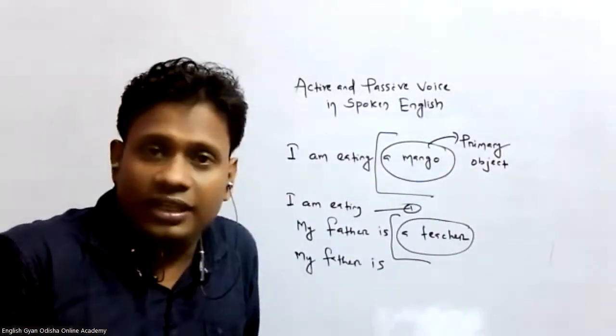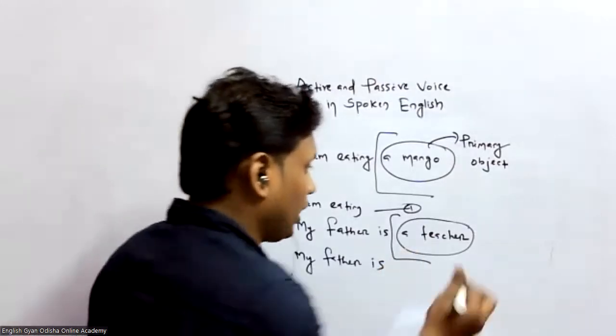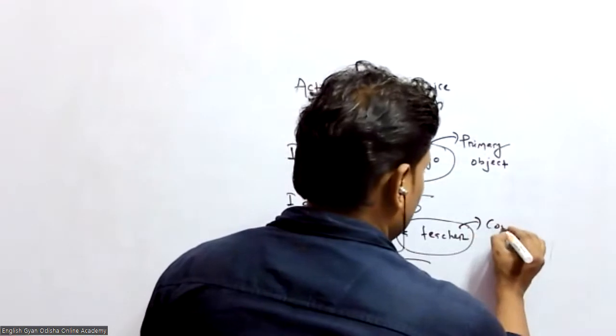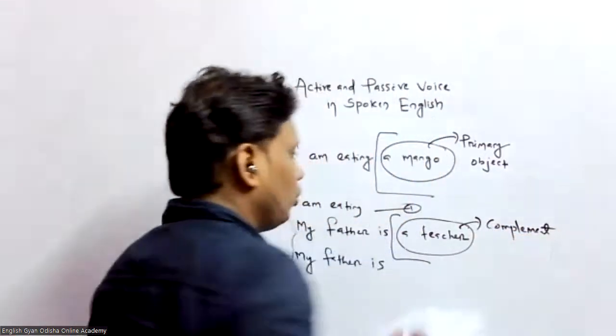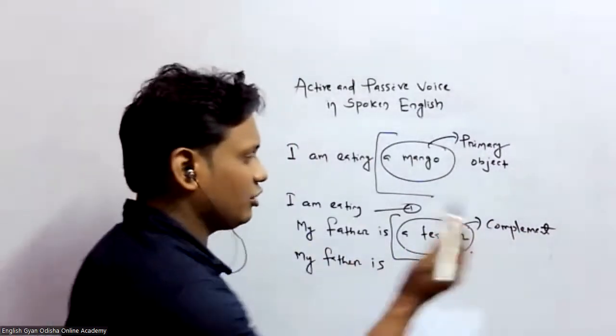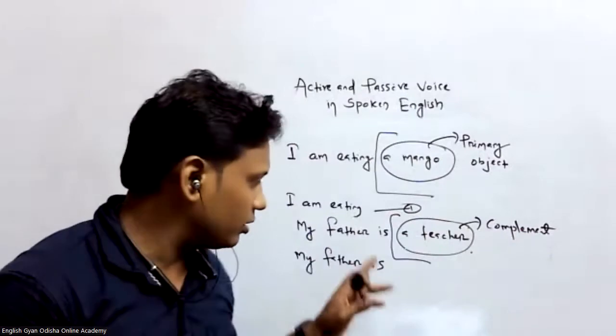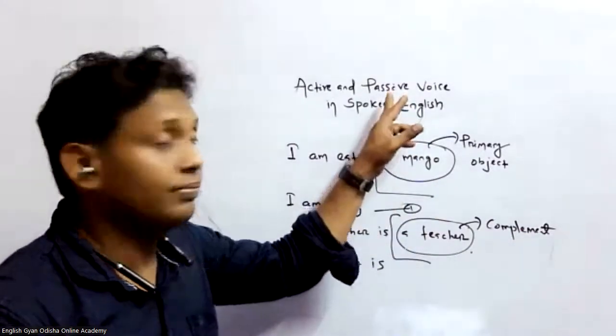If you say my father is, I am a boy, a boy, this is called a complement. So my father is a teacher is also a sentence, but the sentence cannot be converted into passive. Why?